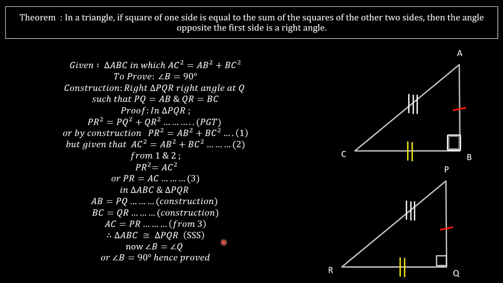Similarly, PGT can be asked in many ways, or simply to state and prove PGT, Pythagoras theorem, or in a right triangle, prove that the square of the hypotenuse is equal to the sum of the squares of the other two sides, right? So go through it once again and make sure that everything is clear to you.